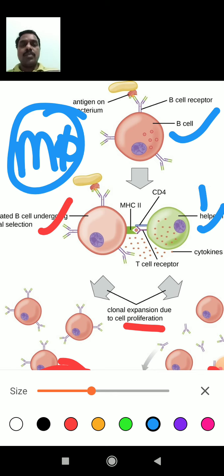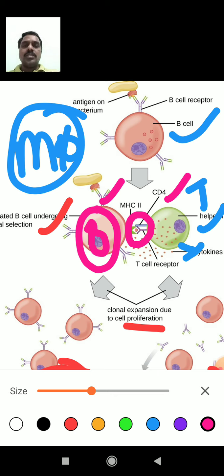The T helper cells take in the antigens, sometimes with the help of macrophages or on their own, and engulf them. They destroy the non-toxic material, and the toxic material is presented on the CD4 molecules of the T helper cells and presented to MHC2 of the B cells.